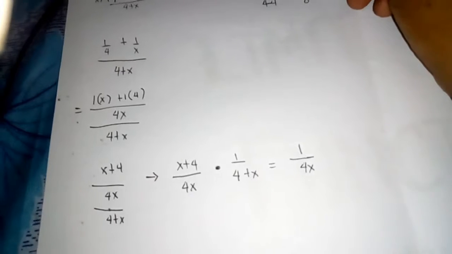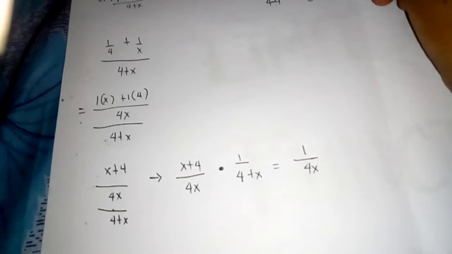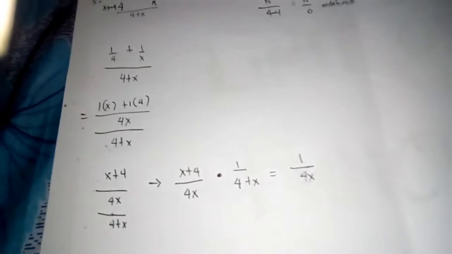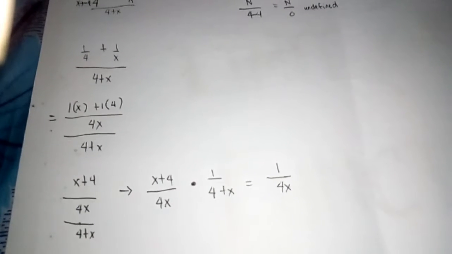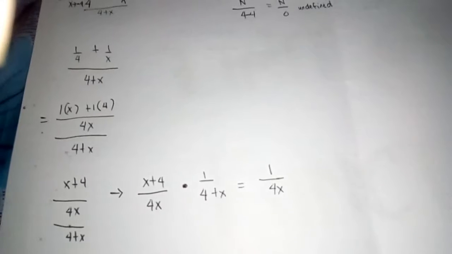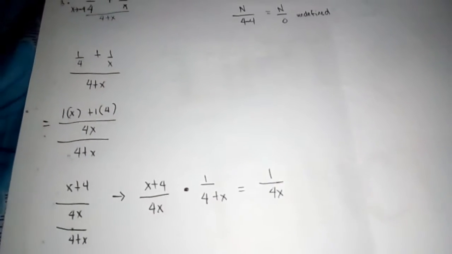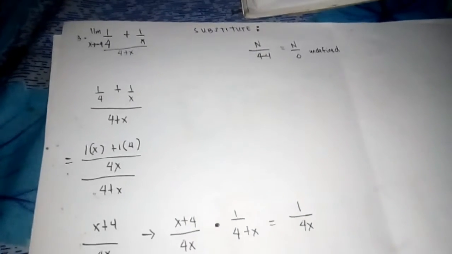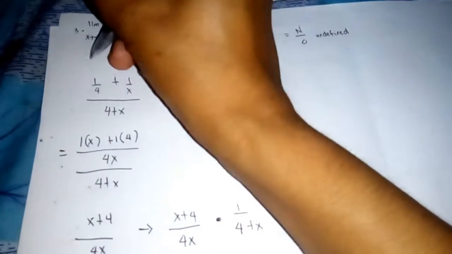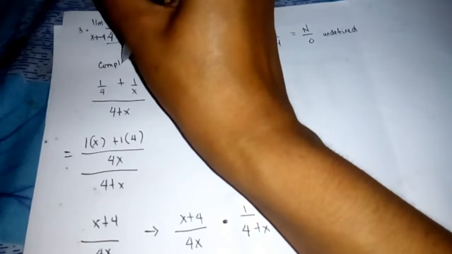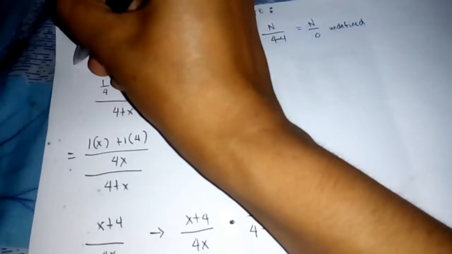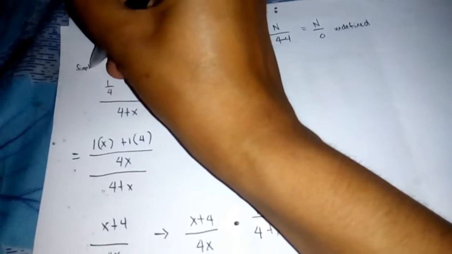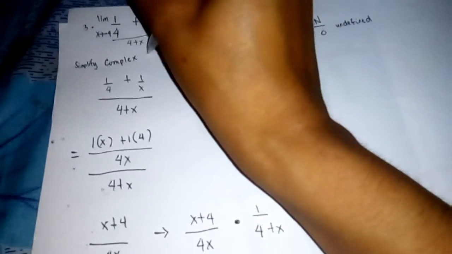So it is undefined. So in getting another way to make the limit of the function exist, we have to simplify the complex fraction.